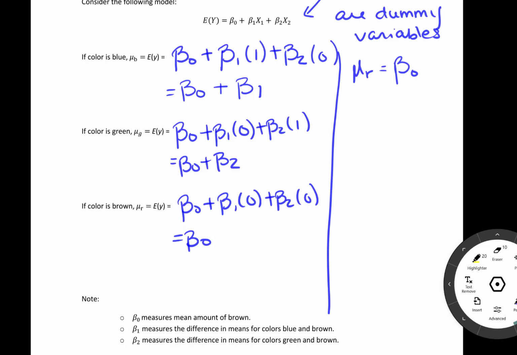Then what I could do is maybe I want to compare the difference in means between different eye colors. So for example, I might want to look at what is the difference between those that have blue eyes and those that have brown eyes.